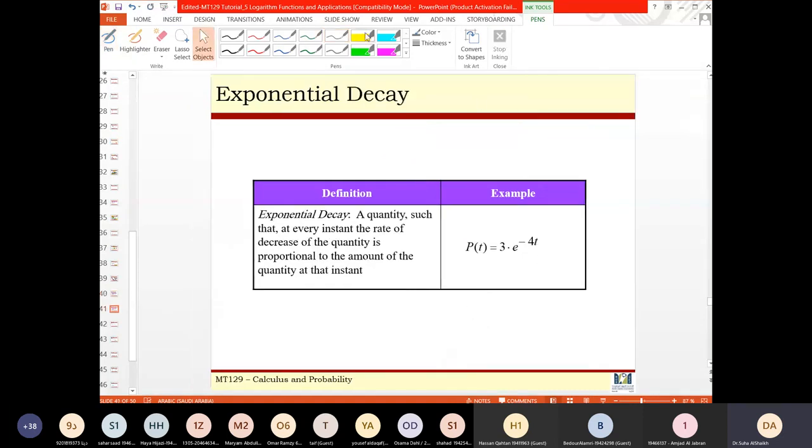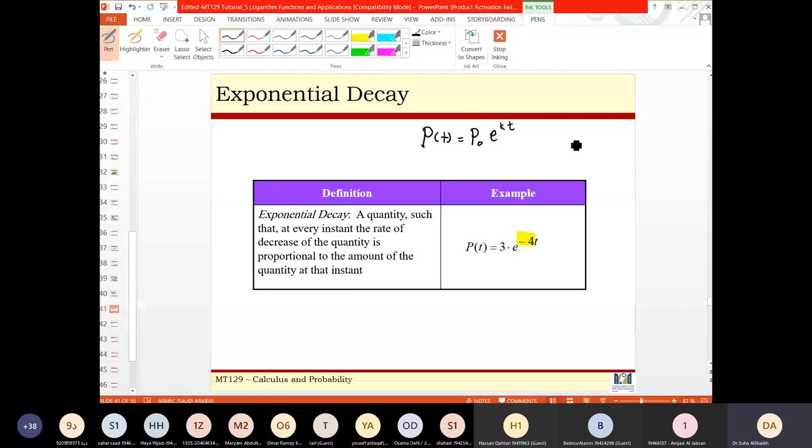Now here we have a decay, and I can tell it's a decay from the K. Do you see the K? It's a negative number, which means there is a decrease. So the general form for growth is P of T equals P0 exponential of KT.